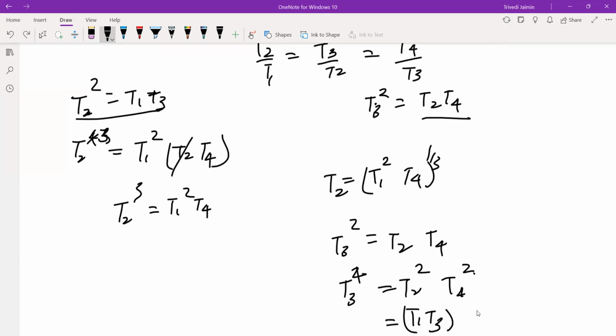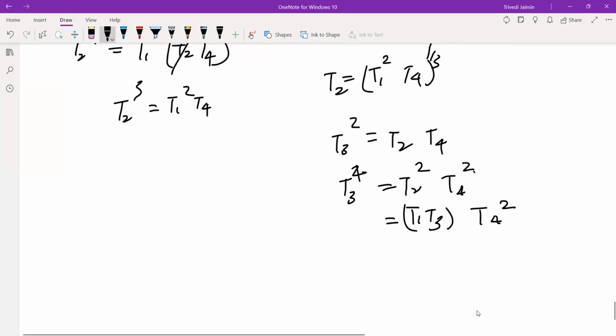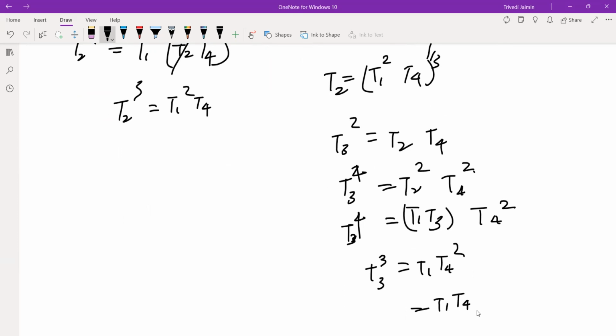No. T1 T3 T4 square. So T3 and T will get cancelled. It will be T3 cube equals T1 T4 square, which is T1 T4 square to the power 1 by 3. Yes, finally we got it.